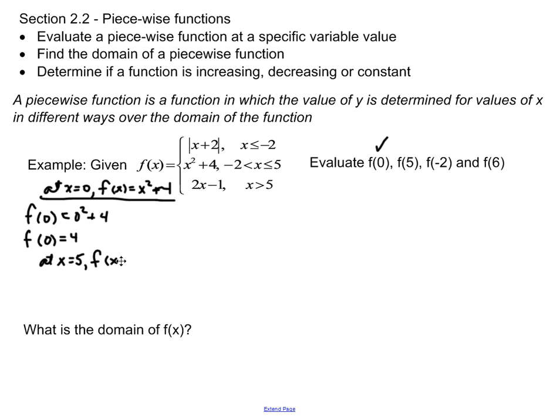So as far as x equals 5 is concerned, f of x looks like x squared plus 4 and nothing else. So f of 5 would be evaluated as 5 squared plus 4, which is to say 29.